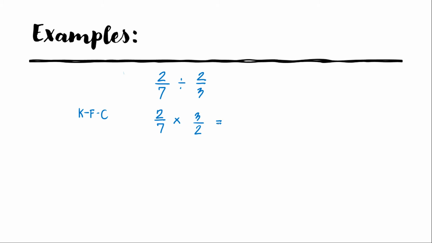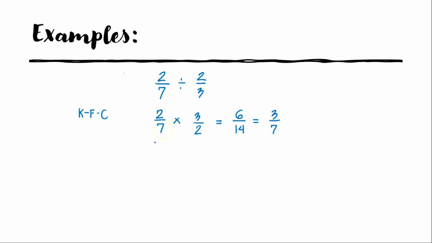Proceed to multiplication, that is 2 times 3, 6. 7 times 2 is 14. So 6 over 14 can still be expressed into its lowest term, 3 over 7.